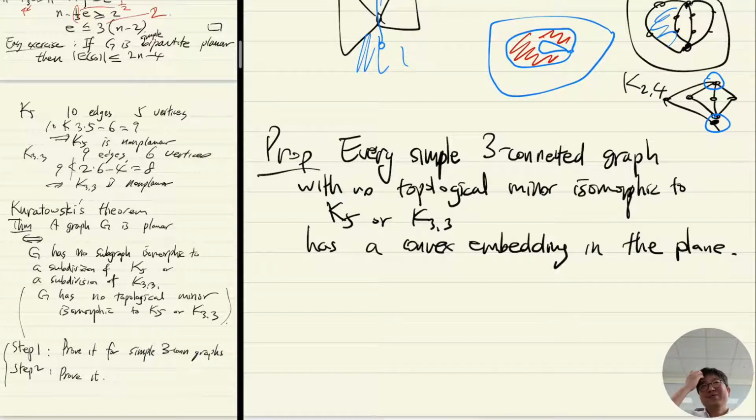I didn't say the graph is planar, but what I'm saying is that any simple three connected graph with no topological minor isomorphic to K5 or K33 will be planar. Not only is it planar, but it has a convex embedding. It's a very nice embedding.